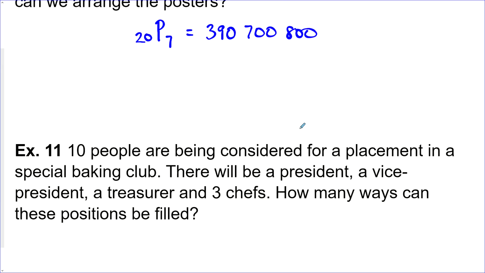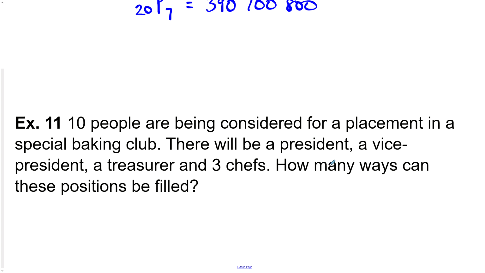The next one, 10 people are being considered for placement in a special baking club. There will be a president, a vice president, a treasurer, and 3 chefs. How many ways can these positions be filled? So for this one, it is a permutation because we have specific positions here, but then these 3 chefs ruin it all.